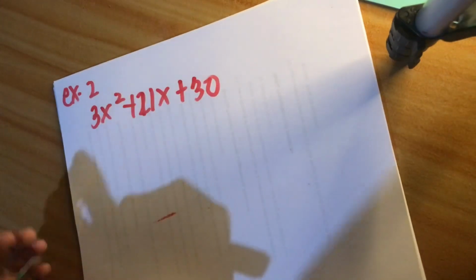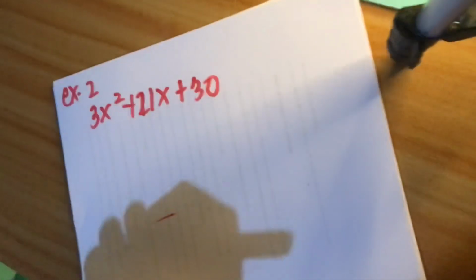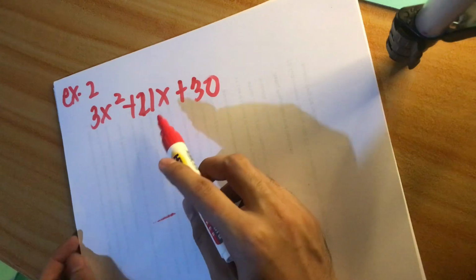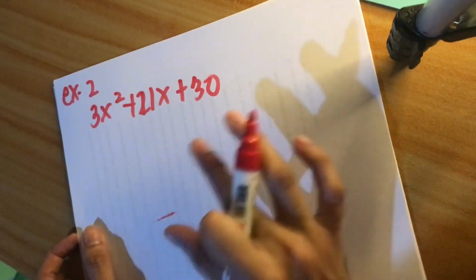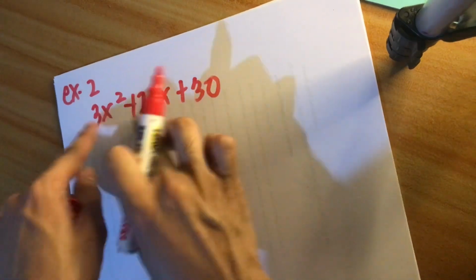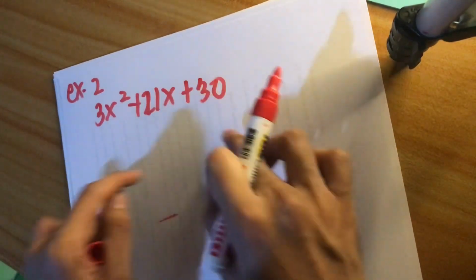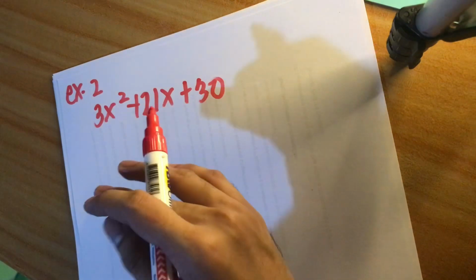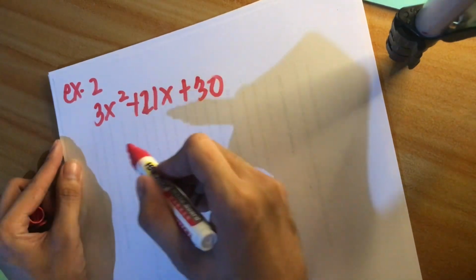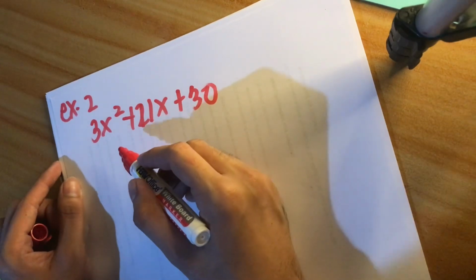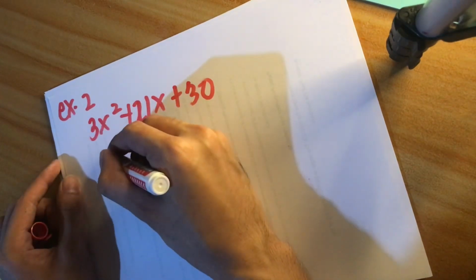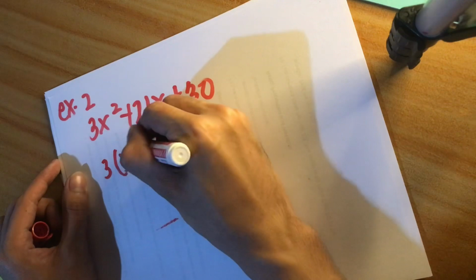Now, let's have an example number 2. Okay, so we have 3x squared plus 21x plus 30. So, kung mapapansin natin sa polynomial natin, merong GCF or may common factor sa bawat terms natin. So, pwede pa natin simplify muna yung ating polynomial. Okay? So, since the common factor is 3, pwede ito maging 3 times x squared.